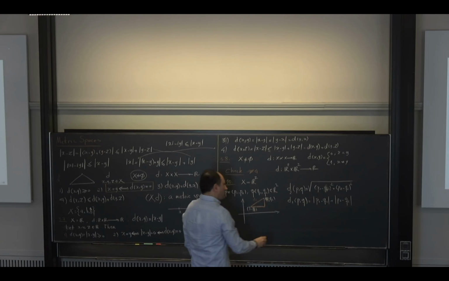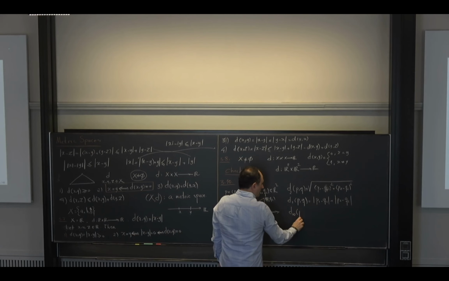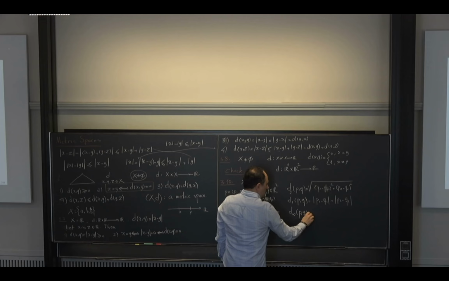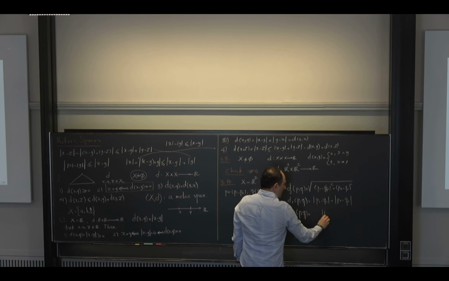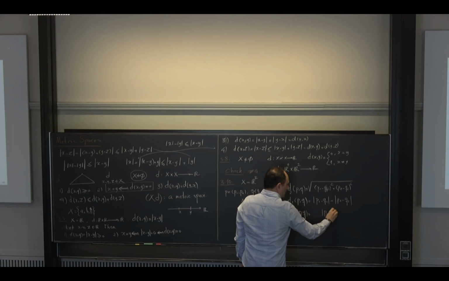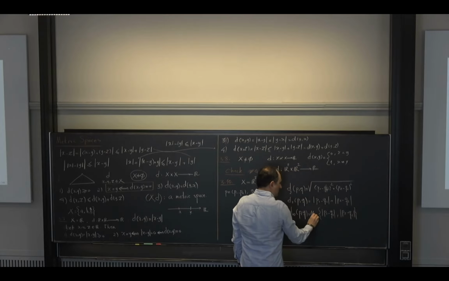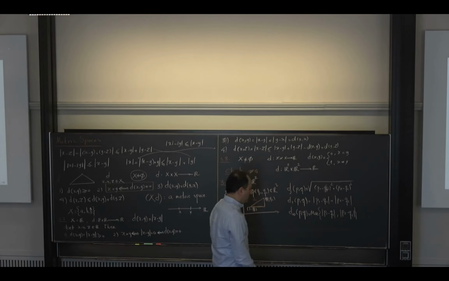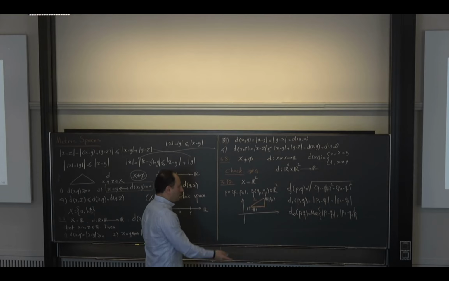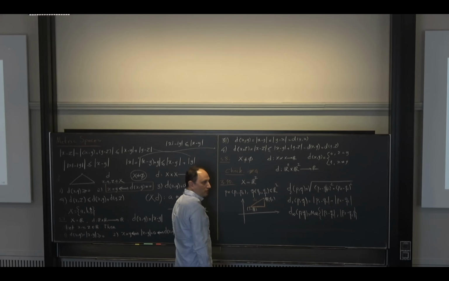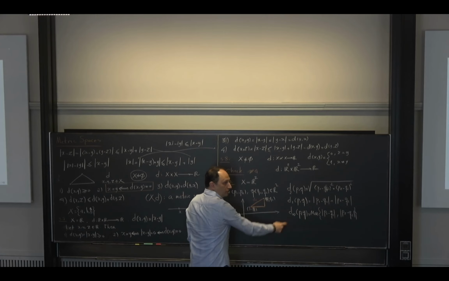Another metric is called D sub infinity. You calculate the absolute value of P1 minus Q1, and also P2 minus Q2, and between these 2 numbers you take the maximum, whichever it is, and that number is called D infinity. In my picture, this length is D infinity.